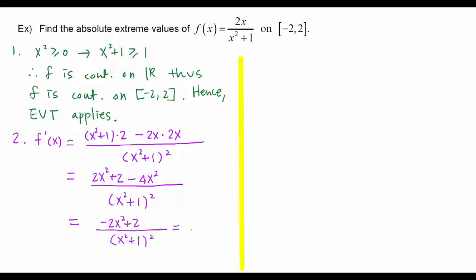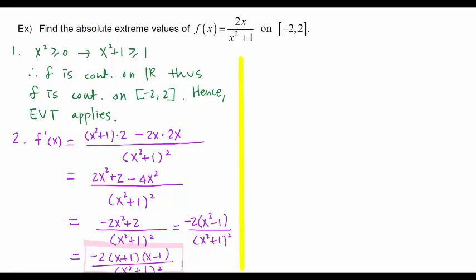So you can factor out negative 2 on the top. I get x squared minus 1 over x squared plus 1 squared. But x squared minus 1 in the parentheses factors more. So you factor completely and write x plus 1 times x minus 1 over x squared plus 1 squared. And you found your derivative.